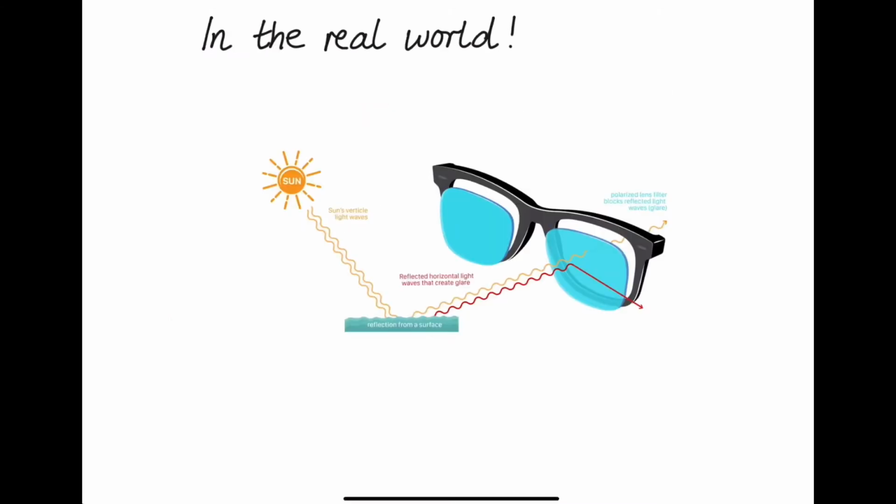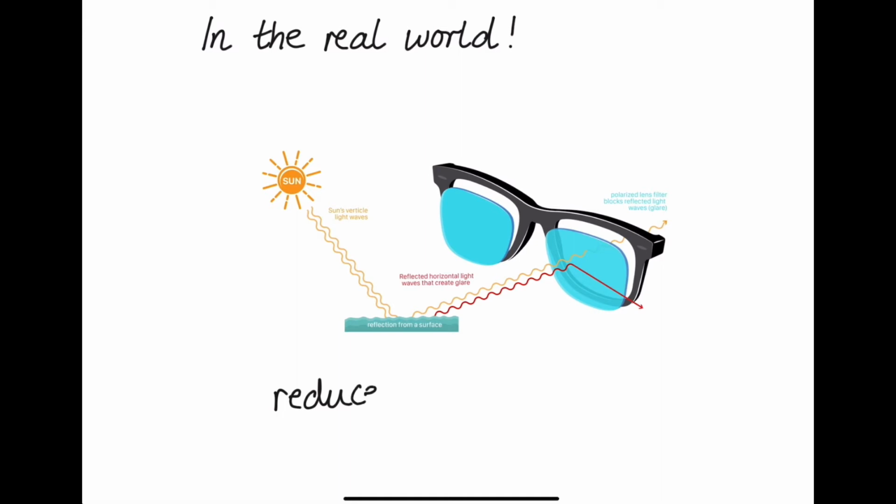In the real world, there are lots of examples of polarization. Here we've got some sunglasses. Now, sunglasses contain polarizing filters, and filters have a vertical transmission axis. So they will only let light with oscillations in the vertical plane pass through, and none of the other planes of light will be able to pass into your eye.